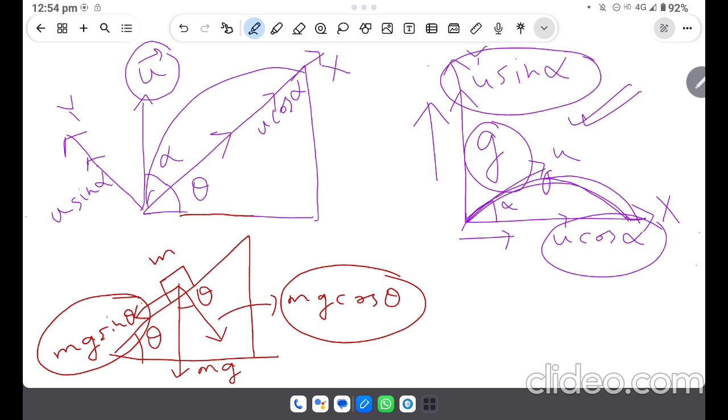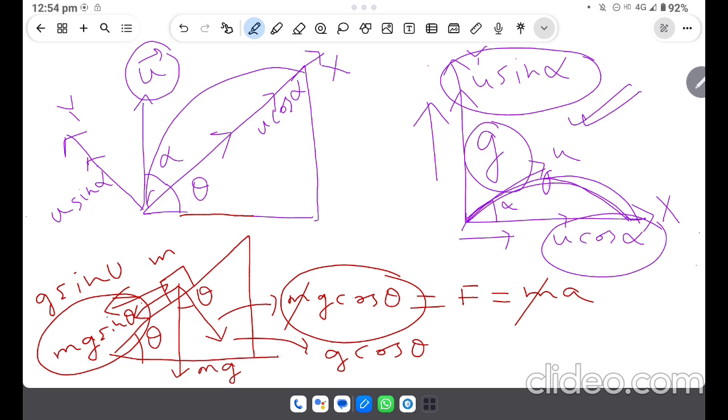Now see that here the force is mg cos theta, so this force is equal to ma, right? So m and m cancel out, so acceleration in this direction is g cos theta. Similarly, acceleration in this direction, that is the horizontal direction, is g sin theta.